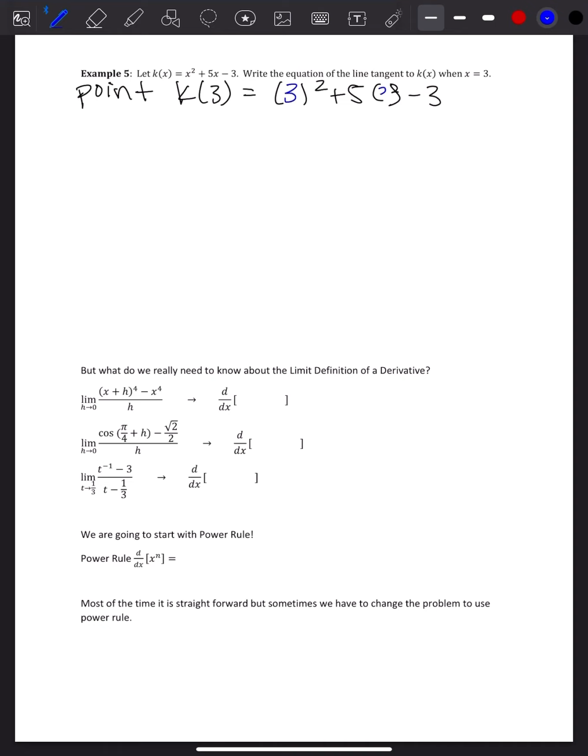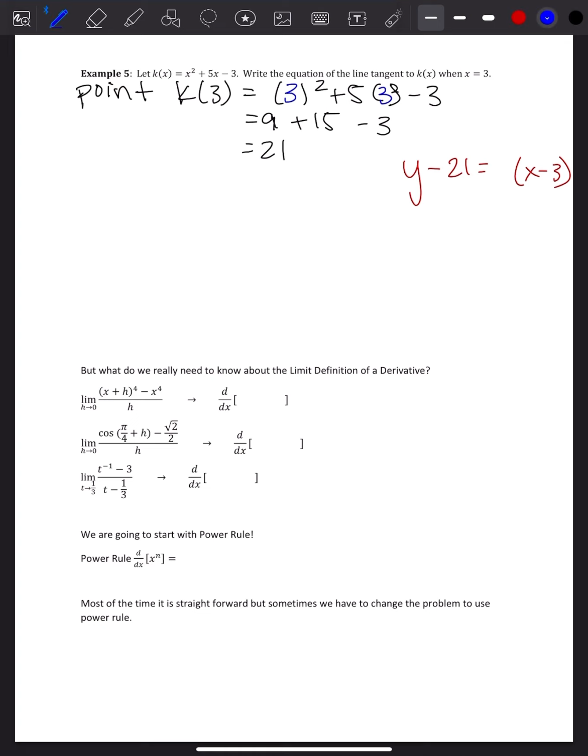Three squared is 9. 5 times 3 is 15. Which gives us 21. So I can go ahead and start writing my equation. y minus 21 is equal to blank times x minus 3.